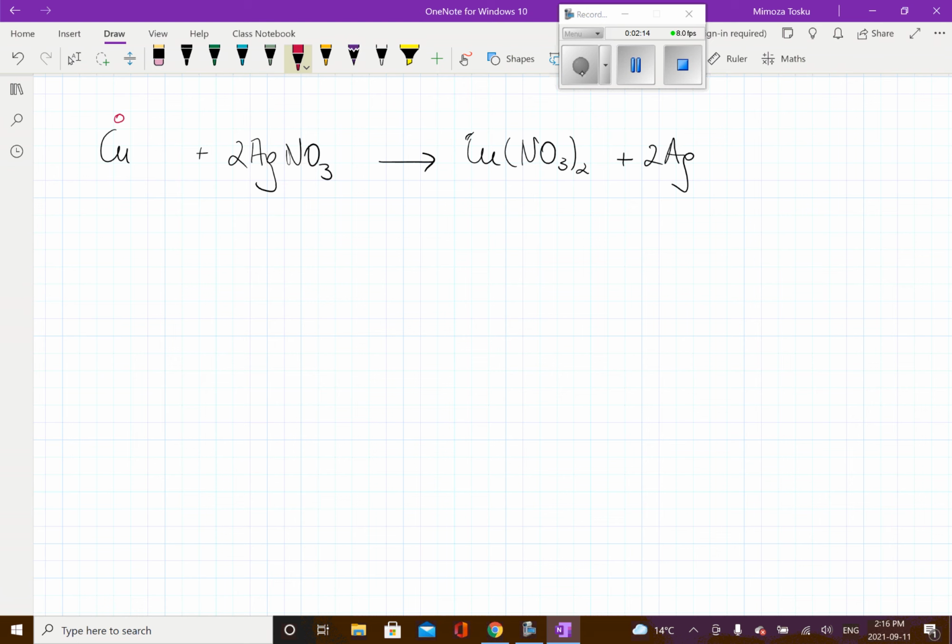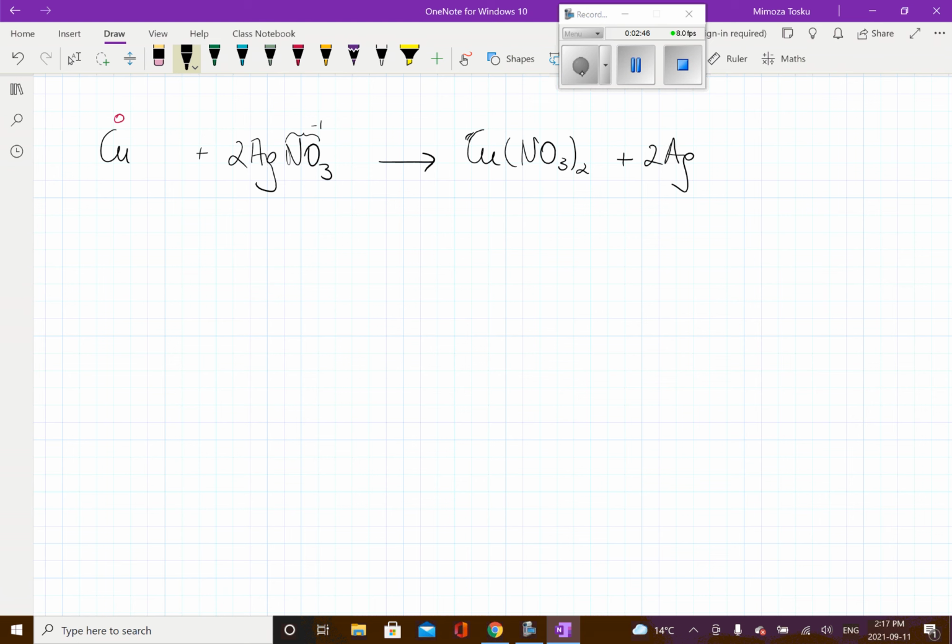On the other hand, since this is a single replacement reaction where copper is replacing silver to grab the nitrate, nitrate stays the same. Nitrate is one of the polyatomic ions, and its charge is -1.